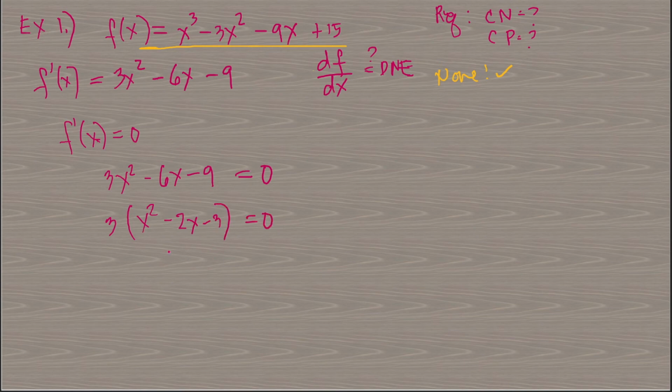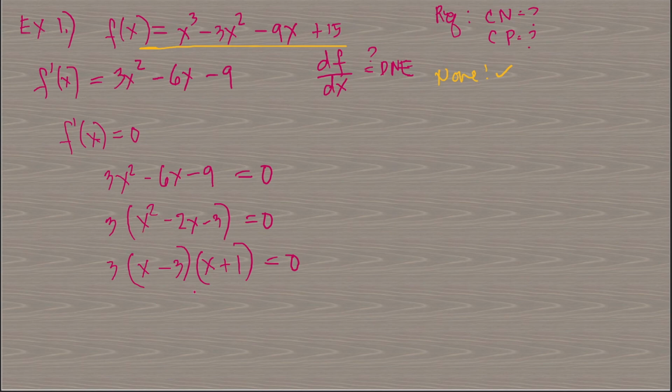This is algebra. I could factor out further this trinomial: x and x, factors of negative 3 that when added will produce negative 2. So minus 3 and plus 1. Check that one. Okay, I think that's right.